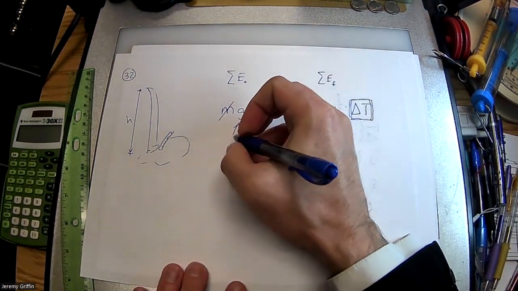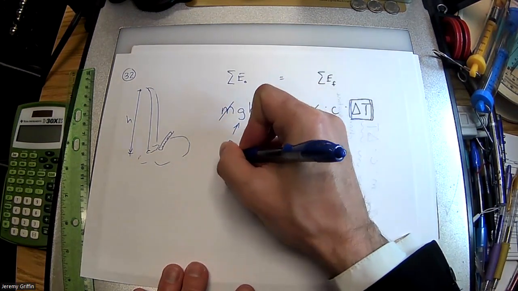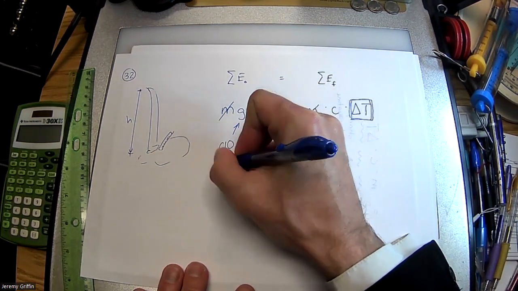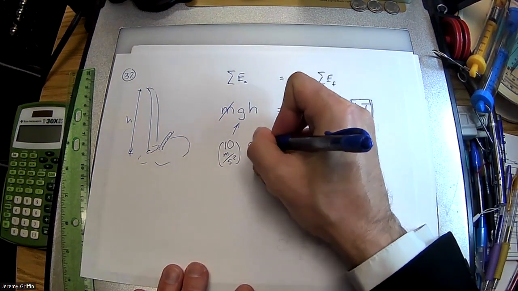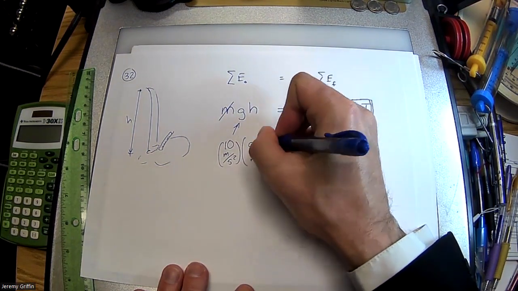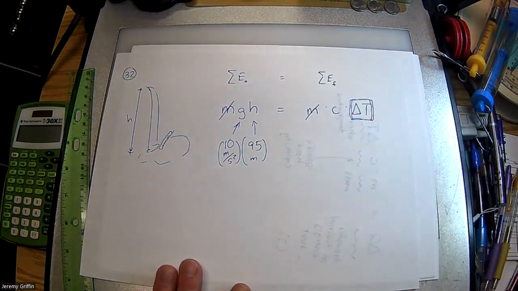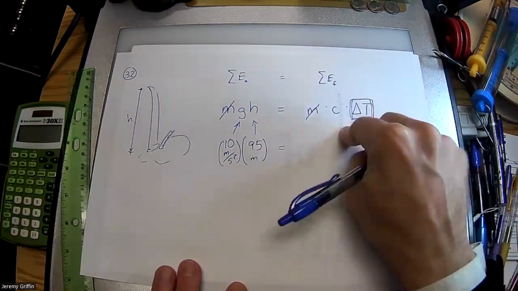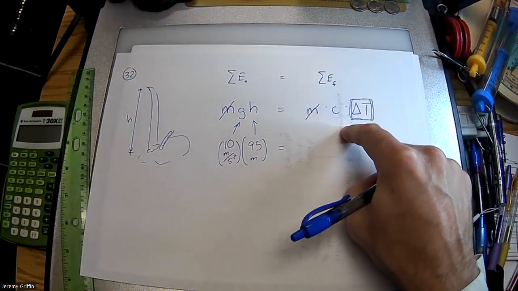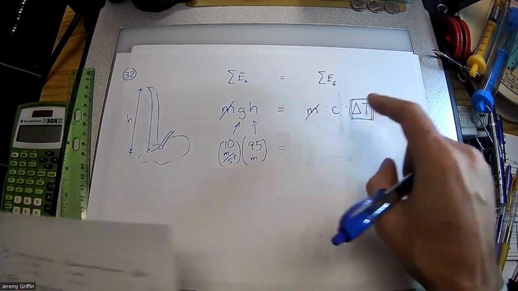I said to use 10 meters per second squared for the gravity field. Now my waterfall is this many meters tall, but I think that's different for you guys. We all have different height waterfalls, so be careful about that. Now, the specific heat capacity of water, I did give it to you in the question.